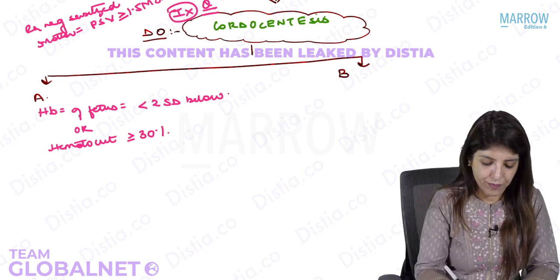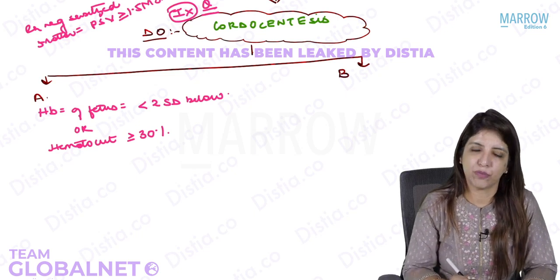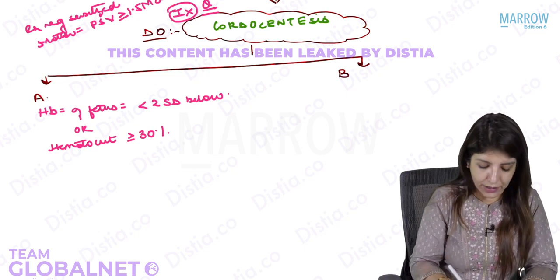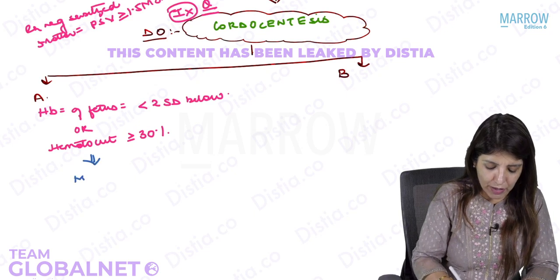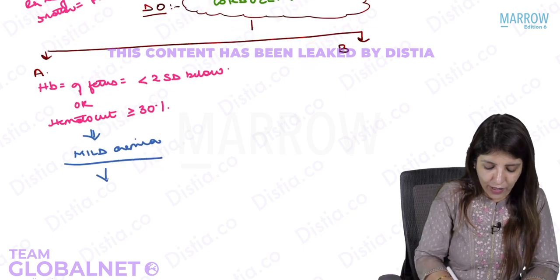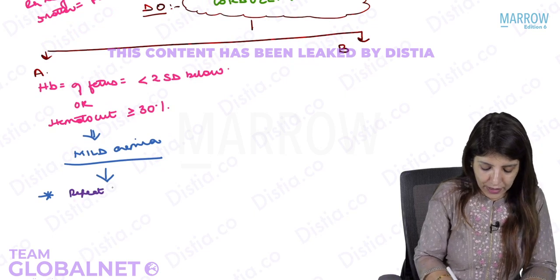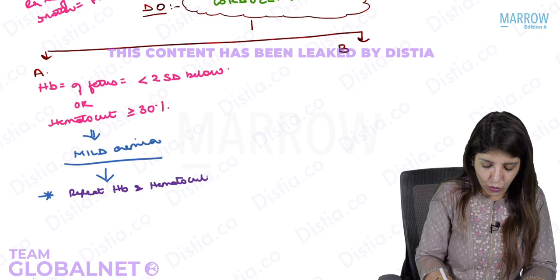So if hemoglobin is less than 2 standard deviations below and hematocrit is more than 30%, this means it is mild anemia just now. It is not severe anemia. And in this case, again, what am I going to do? I am going to repeat hemoglobin and hematocrit weekly.